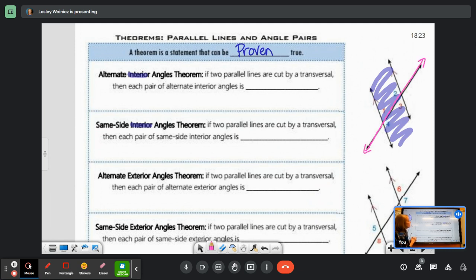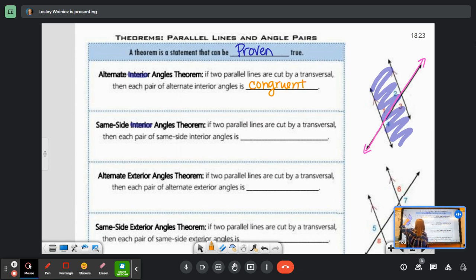So the alternate interior angles theorem says that if two parallel lines are cut by a transversal, then each pair of alternate interior angles is congruent. So we're in the interior and we want alternate sides of the transversal.